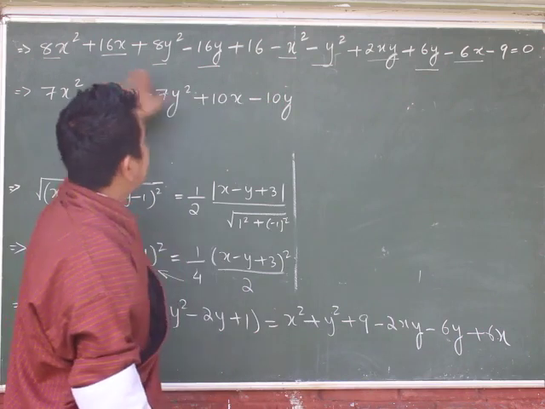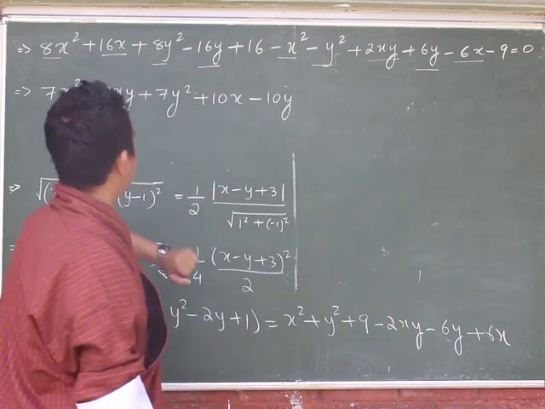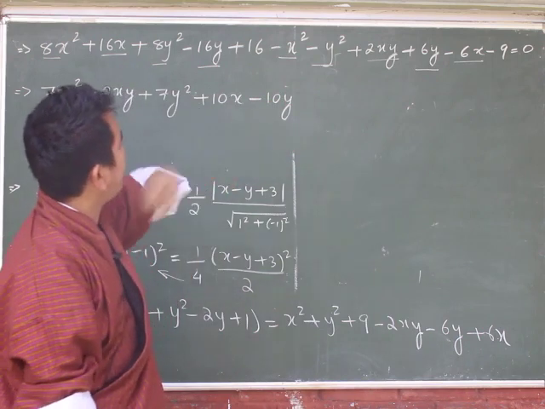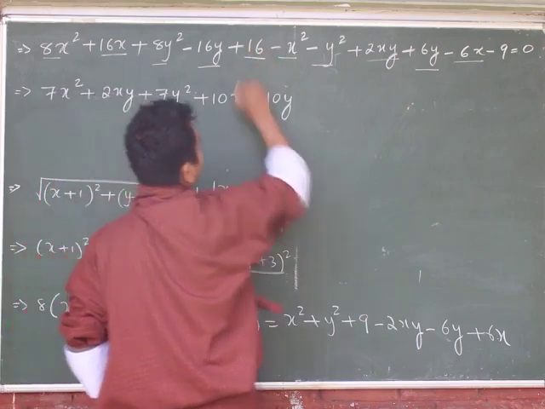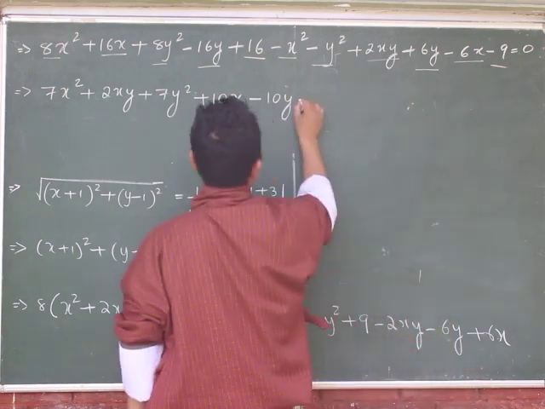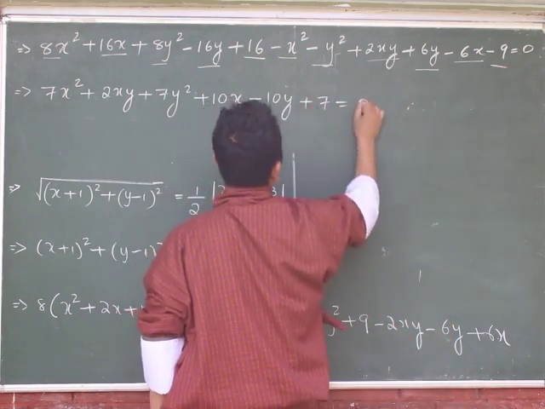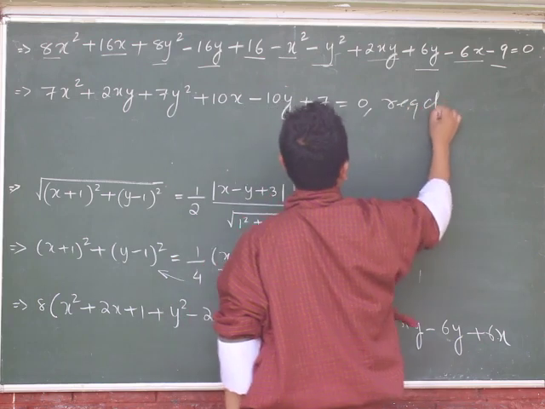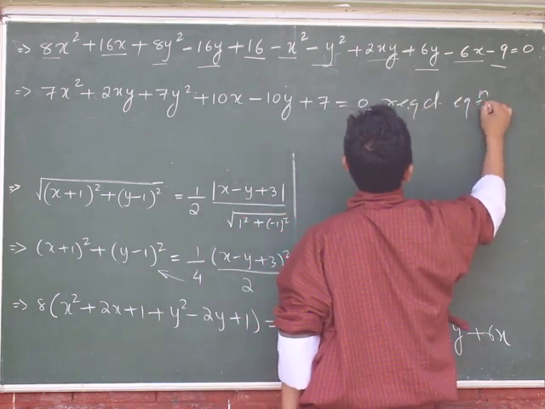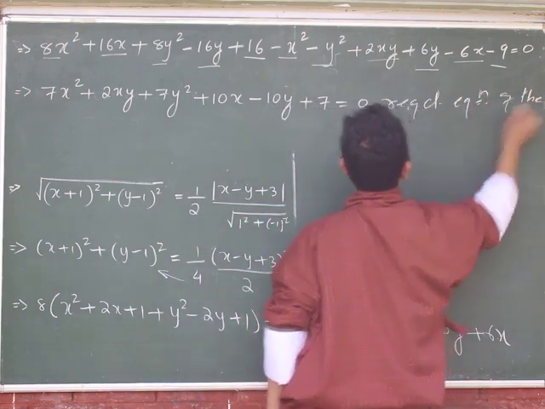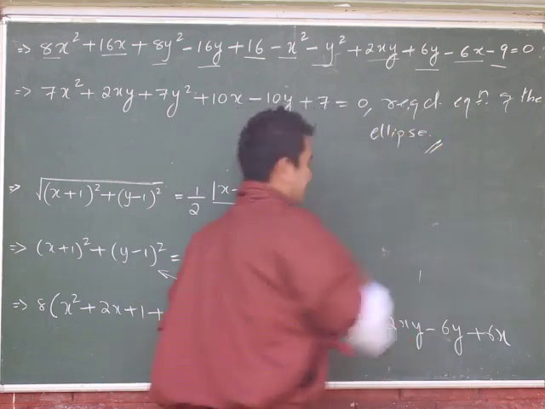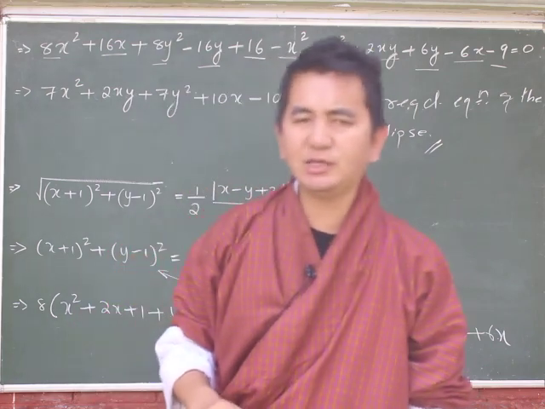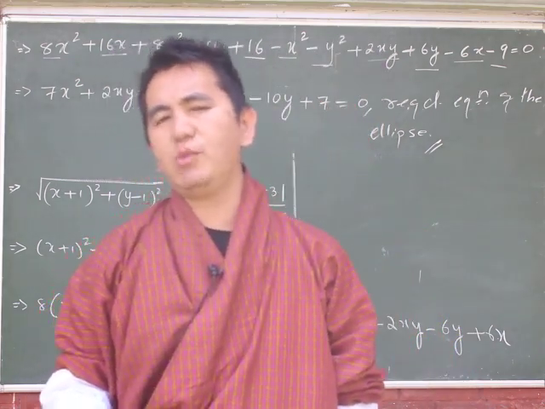Then finally we have the constant: 16 minus 9 is plus 7, equal to 0. This is the required equation of the ellipse. That's it. Thank you. In the next video lesson I will do question number 5.